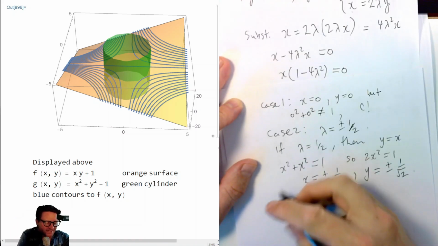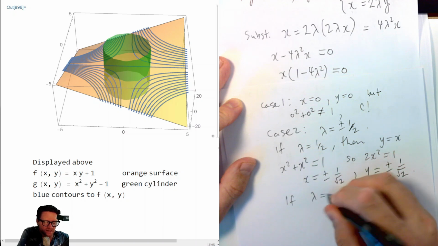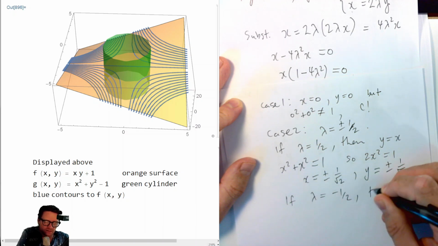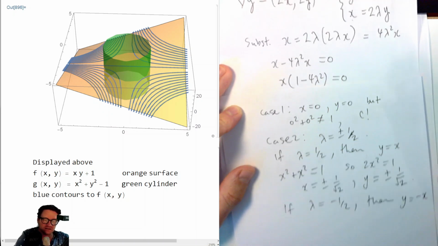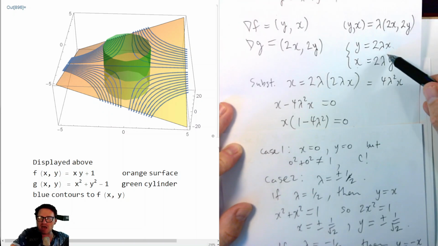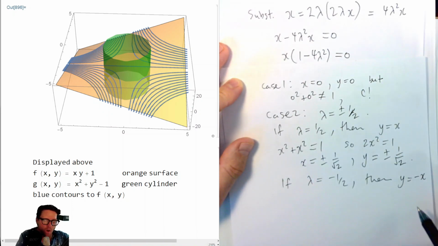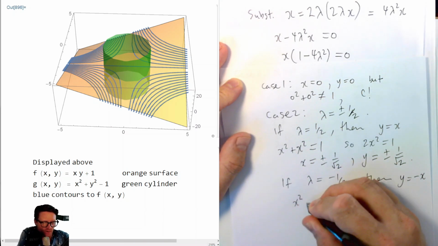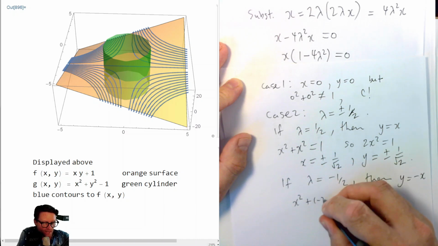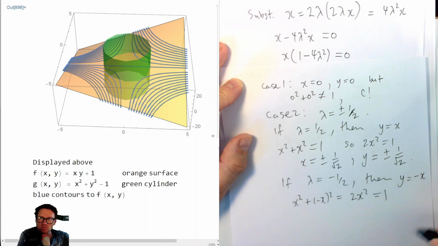Okay, now the last case, or it's a subcase of this, if lambda is minus a half, then y equals minus x, from this subbing minus a half in there. And so what that gives us then, when we sub that into the constraint, well, same story, we have x squared plus minus x squared equals 2x squared equals 1.